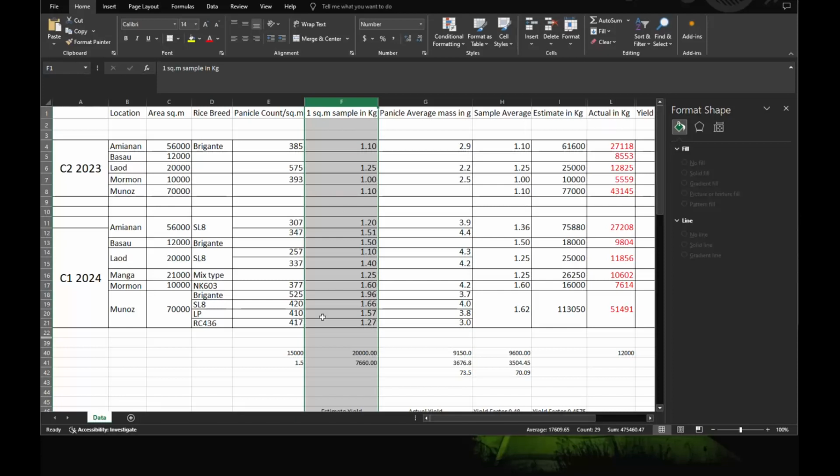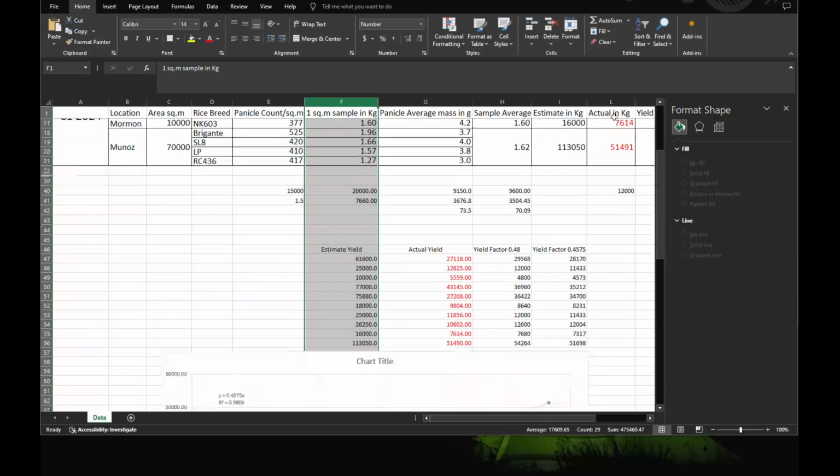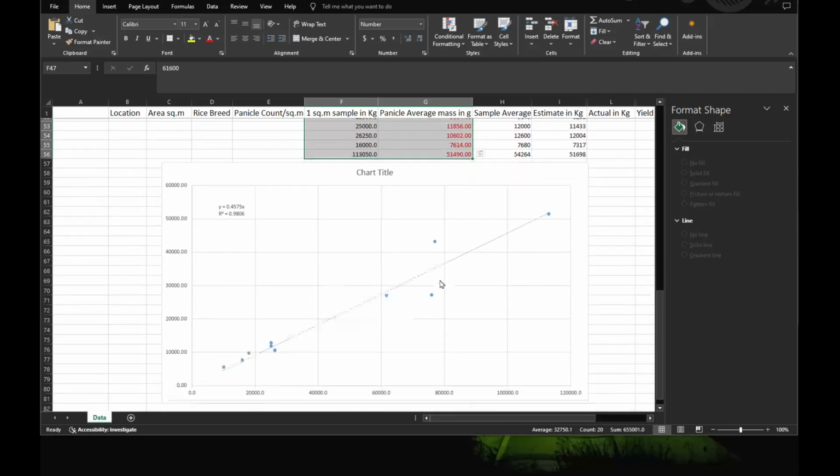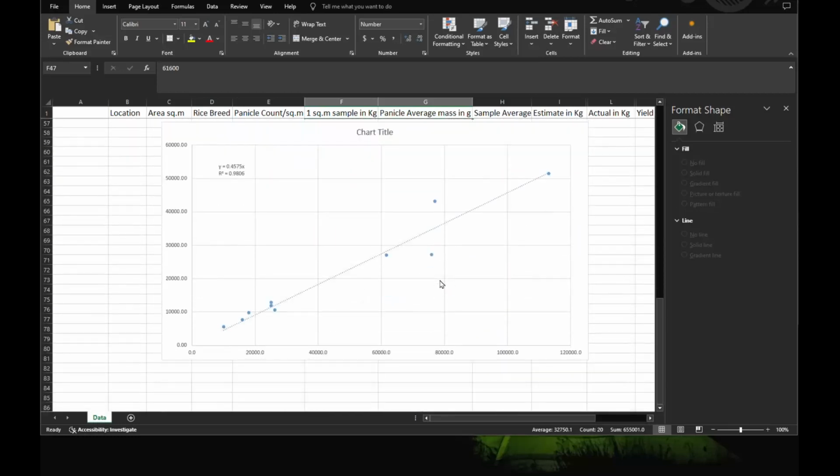By this data, I can get an estimate. What I'm interested in is the actual yield. I would add it to the table here and get a trend. It'd be really interesting how this trend would come about.